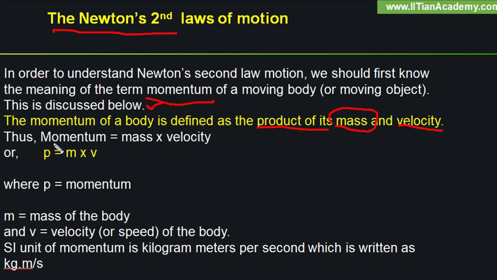Thus, momentum equals mass into velocity, or P equals m into v, where P equals momentum, m equals mass of the body, and v equals velocity or speed of the body.